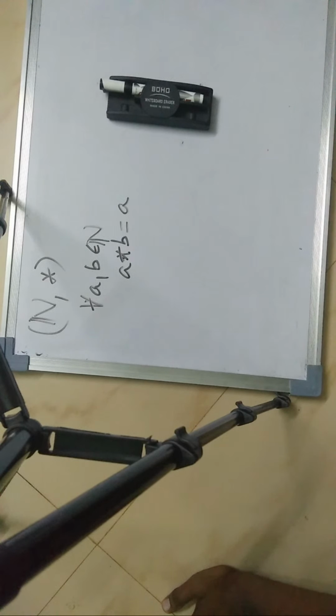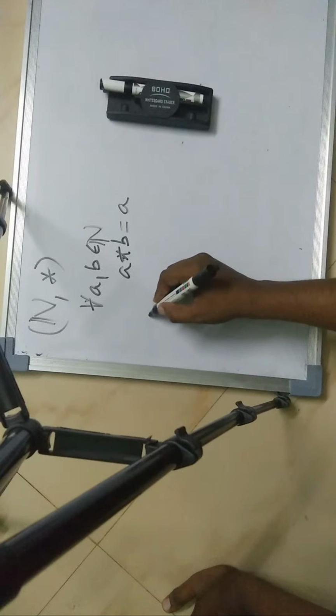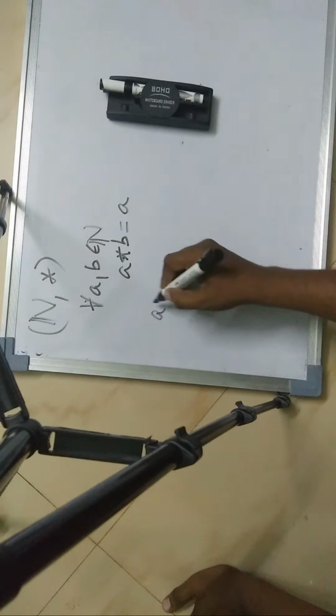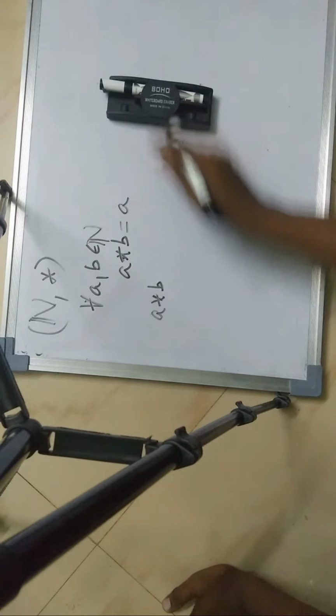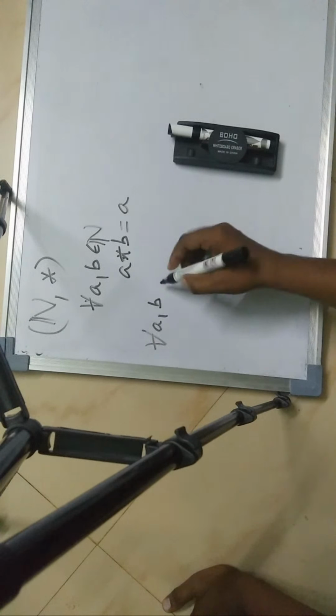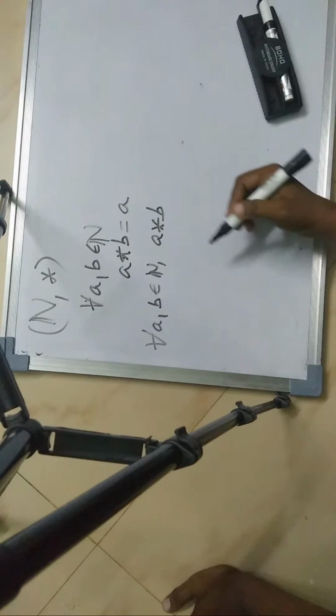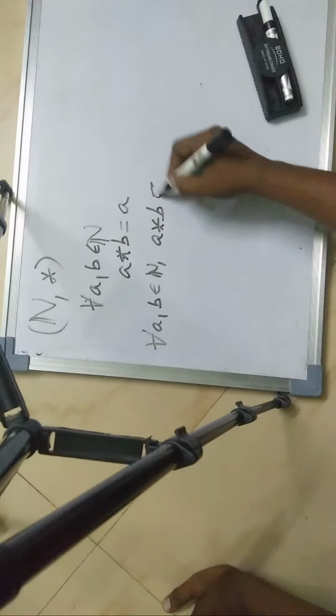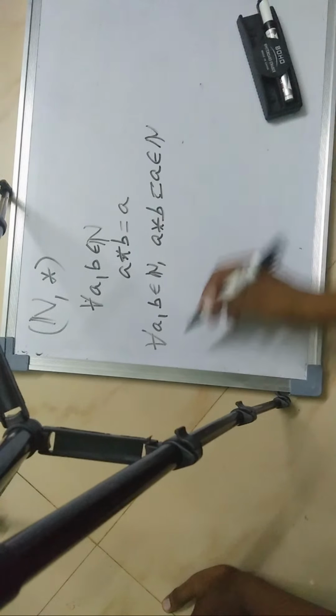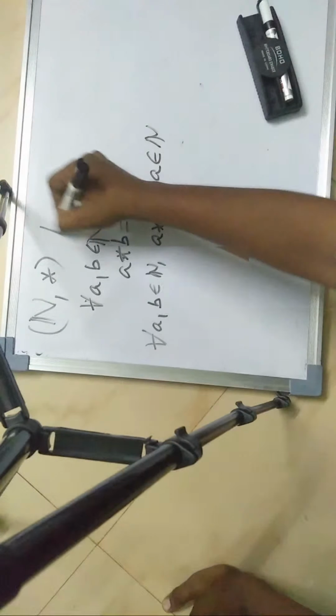So closure is obviously satisfied, because given any a and b in N, a star b, which is equal to a, belongs to N, because you have taken a from N. So closure is satisfied.